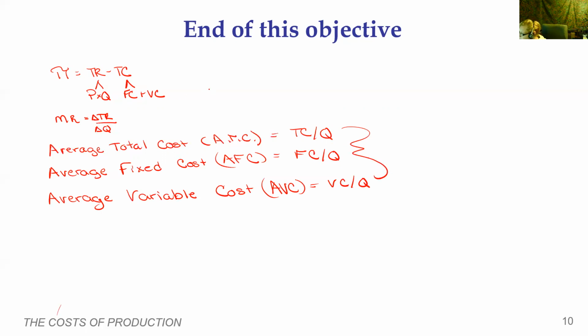At this point here, you should know that total cost is equal to fixed cost plus variable cost, and marginal cost is the slope of the total cost curve, and that marginal revenue is the change in total revenue divided by the change in quantity.